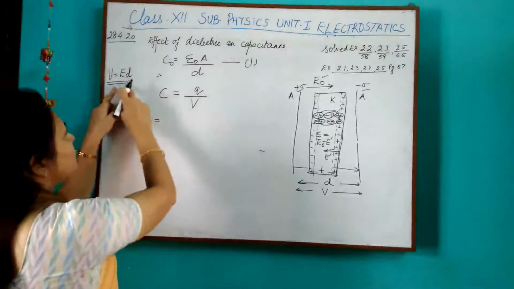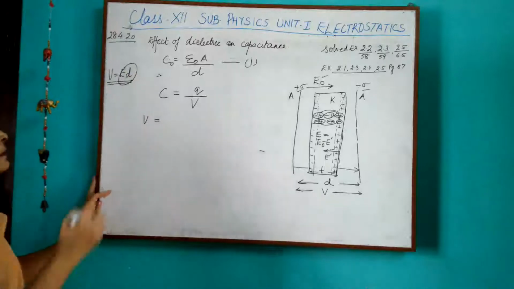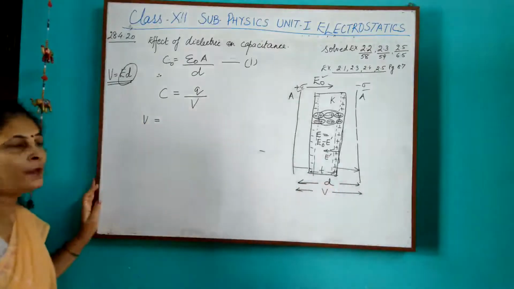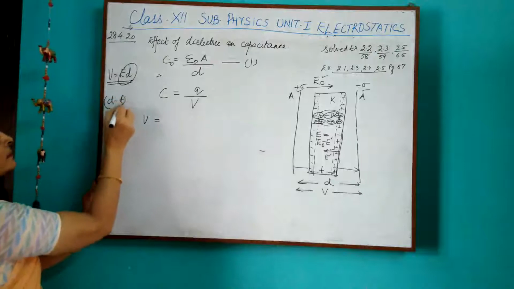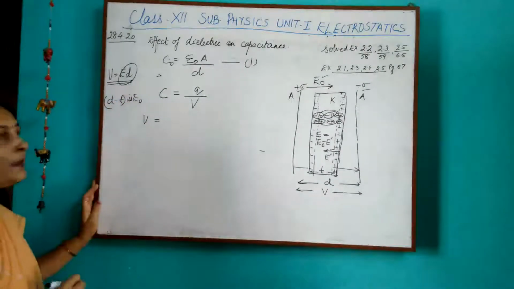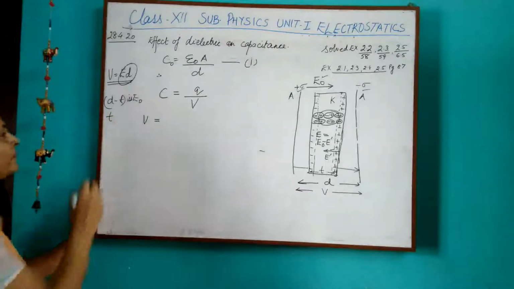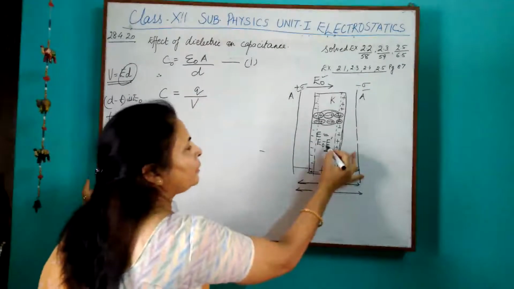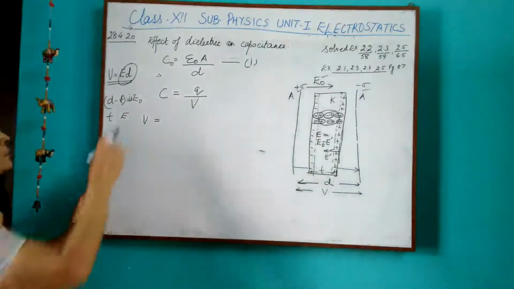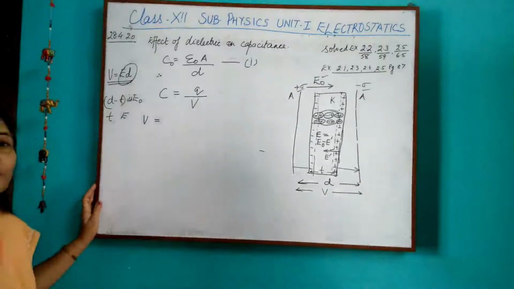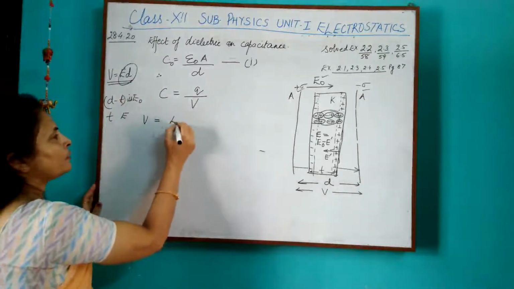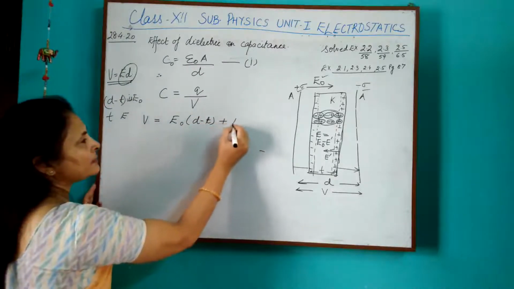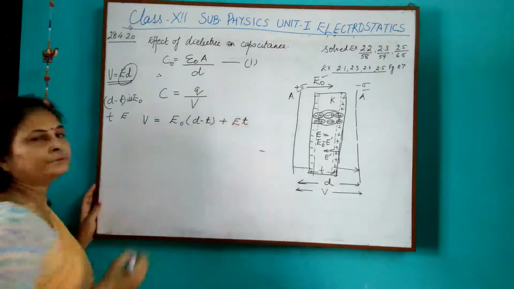But now this expression is to be divided into two parts, because in the distance D minus T, the electric field is E naught, and in the thickness T, the electric field is E, which is equal to E naught minus E dash. So V is equal to E naught into D minus T plus E into T.